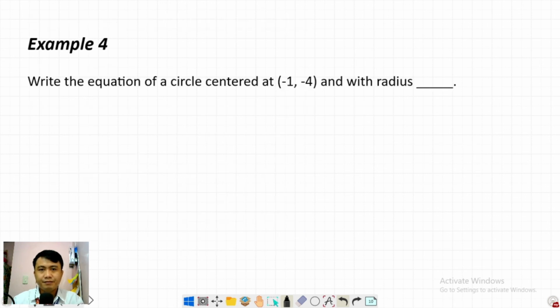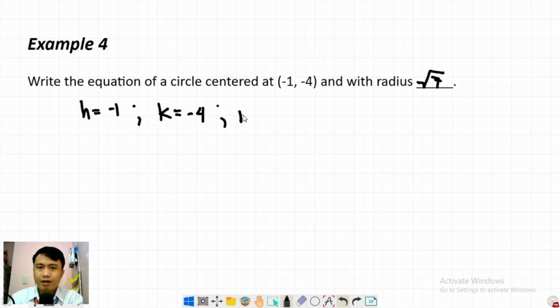Example number 4. Write the equation of a circle centered at negative 1, negative 4, and of course with radius square root of 7. Okay? So same process. Ang given po natin, h is negative 1. Itong ating sa center. X coordinate ng center. K is negative 4.